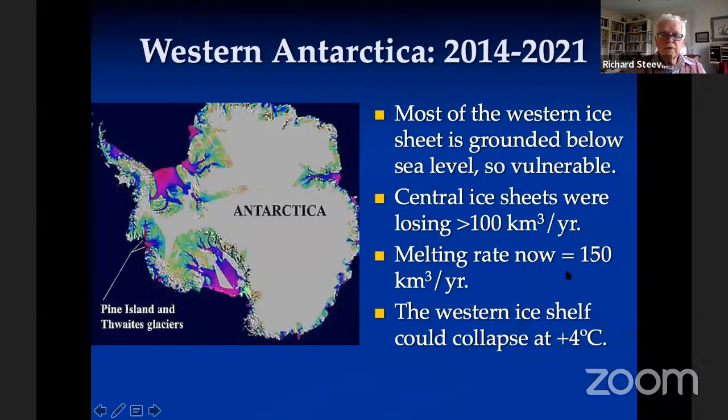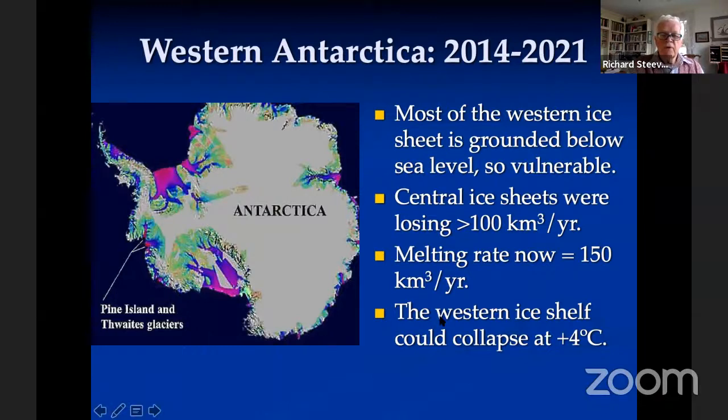Most of the western ice sheet is grounded below sea level, so this is all vulnerable. Central ice sheets in these areas, more central here, are losing over 100 cubic kilometers per year, and the melting rate is now 150 cubic kilometers per year.